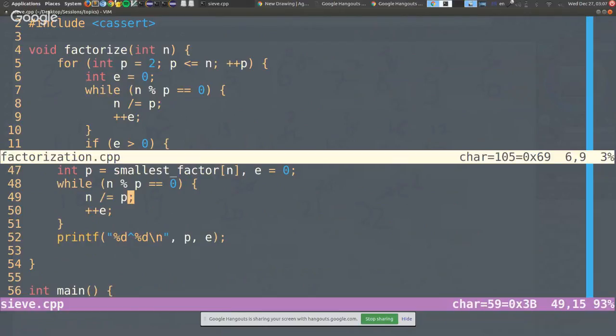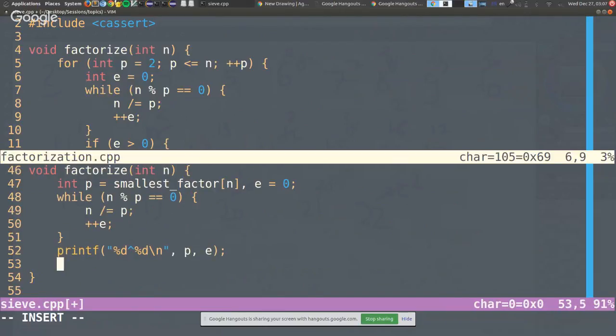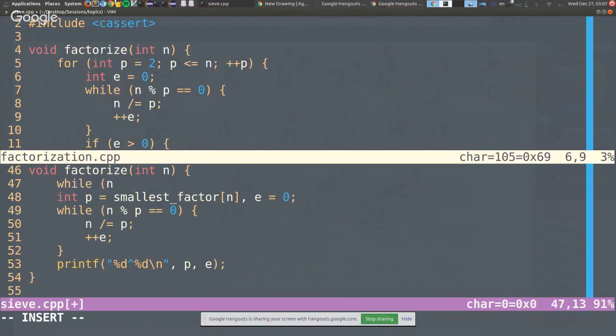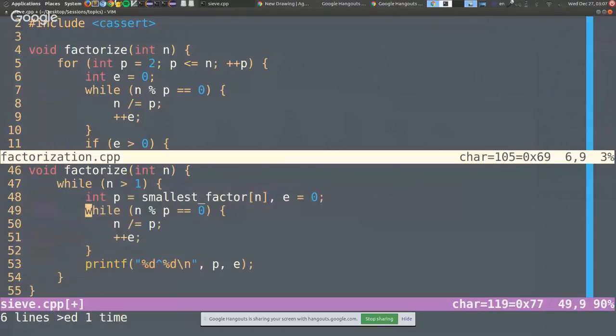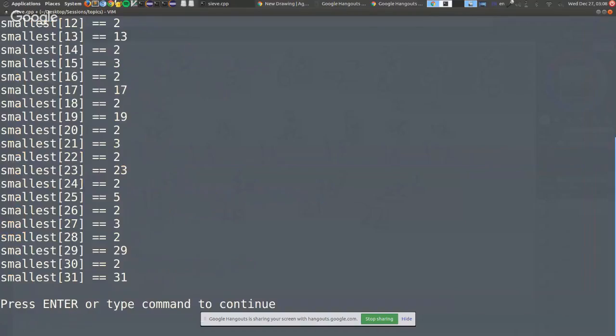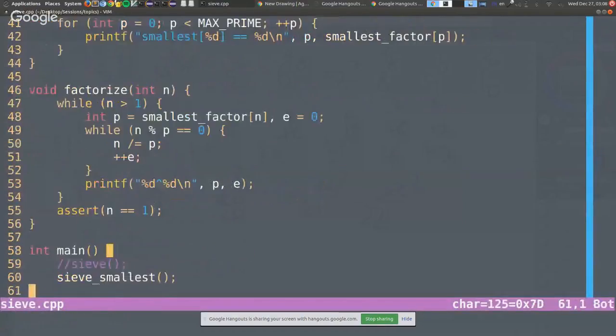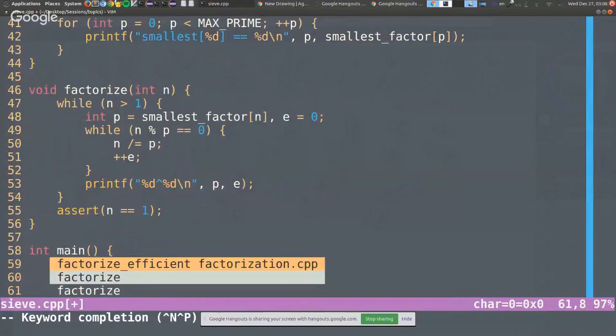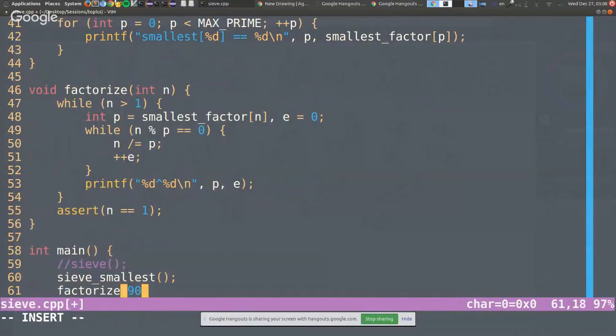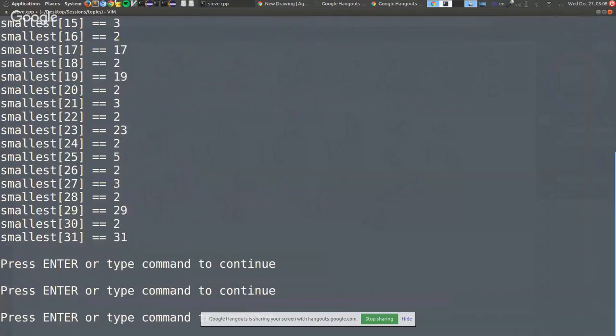So basically we can factorize the rest. You can factorize the 90.